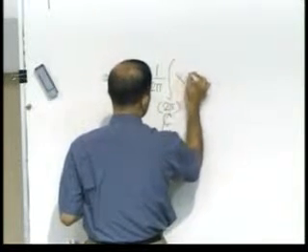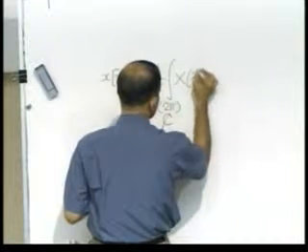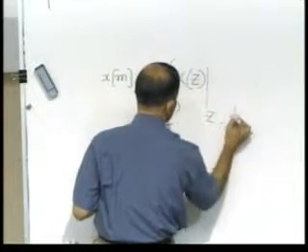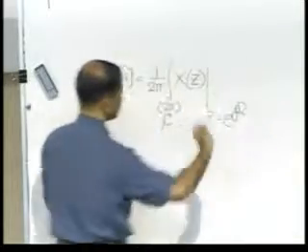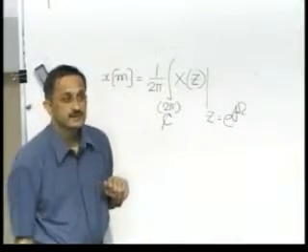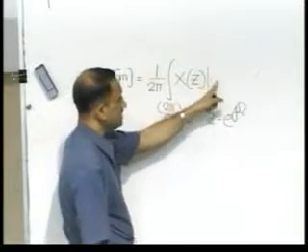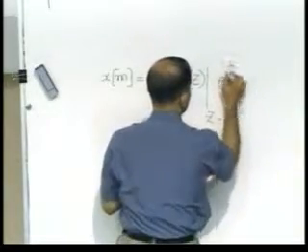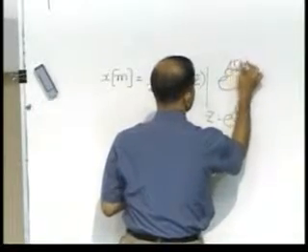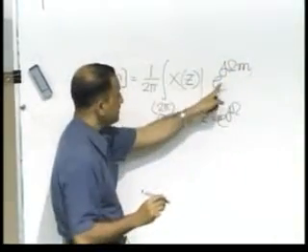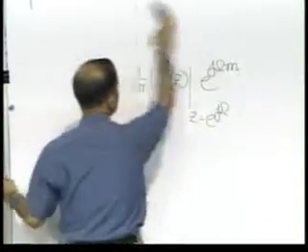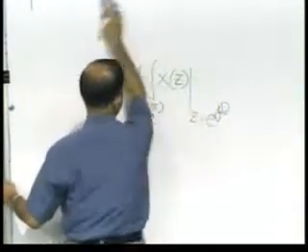Capital X of Z with Z put equal to e raised to the power j omega. Now, the next term is e raised to the power j omega m. But e raised to the power j omega is Z, so let me write this as Z raised to the power of m.